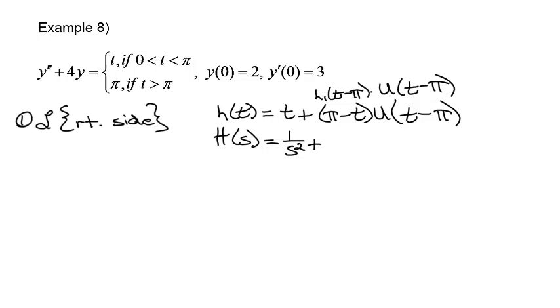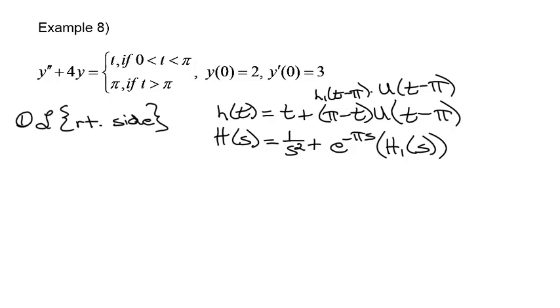According to the last rule on my chart, the Laplace of a function of t minus a times u of t minus a is e to the negative as, which is e to the negative pi s, times cap F of s. In this case, it would be cap h sub 1 of s. Okay? So now all I have to do is find cap h sub 1, and I'm all set.